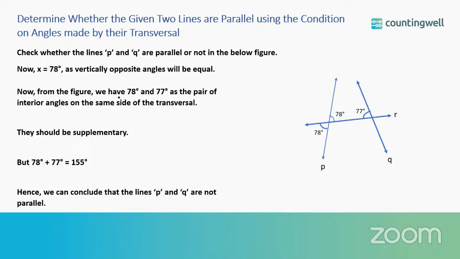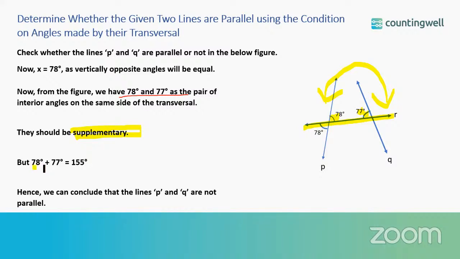Now from the figure we can see 78 degrees and 77 degrees are the pair of interior angles on the same side of transversal R. That's why they should be supplementary if the lines P and Q are parallel.